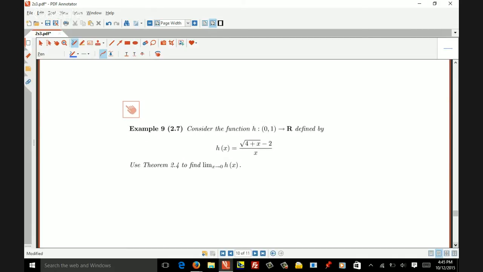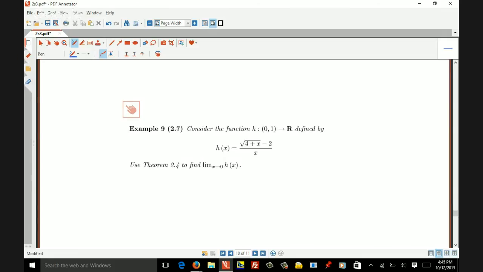Okay, so look at this function right here. It says use theorem 2.4 to find this limit as x goes to 0. Theorem 2.4 is the one where we have our division, addition, subtraction and multiplication of limits.